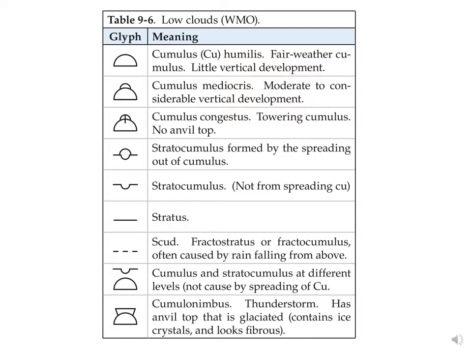And then we have our low clouds. So we've got everything from cumulus humilis to cumulus mediocris to cumulus congestus, all the way up to cumulonimbus down at the bottom with a thunderstorm, with an anvil top, glaciated ice.